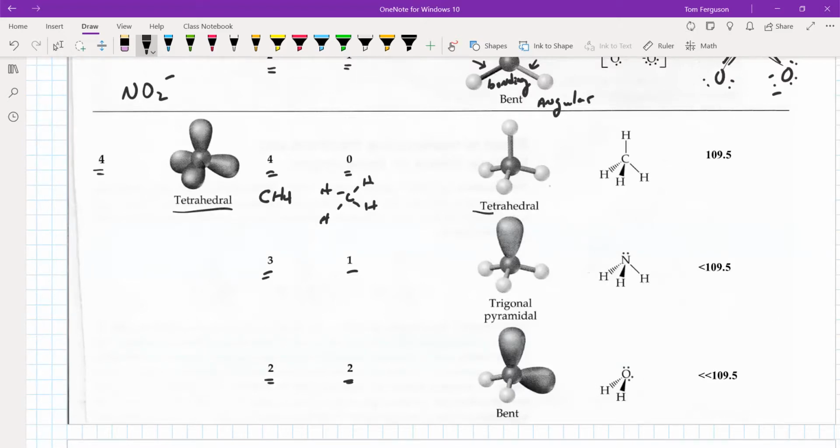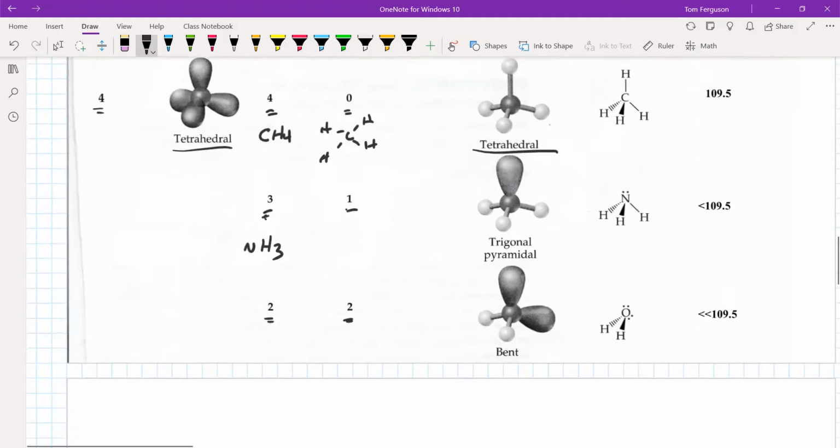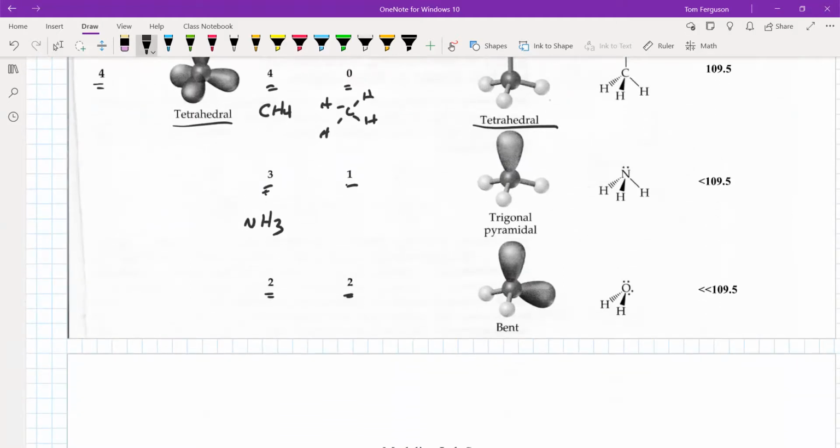That then is going to be tetrahedral molecular geometry. If we're looking at 3 and 1, 3 bonding, 1 non-bonding, it's going to be similar to ammonia, NH3. And if we're looking at 2 and 2, 2 bonding, 2 non-bonding, like with water, it's going to be called bent or angular.